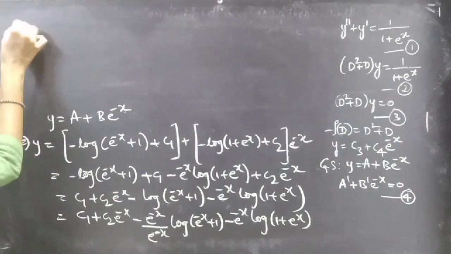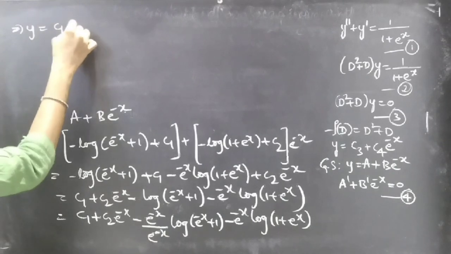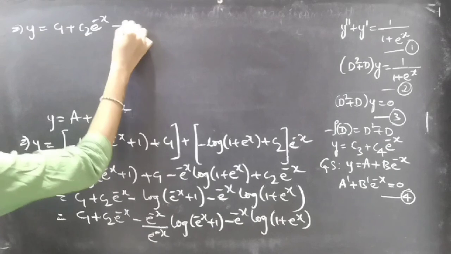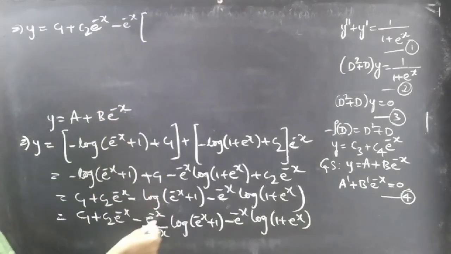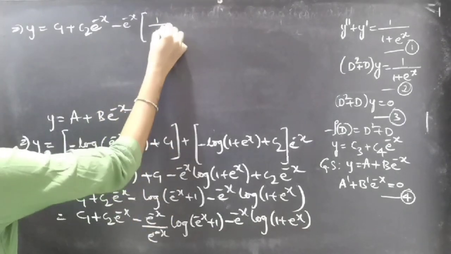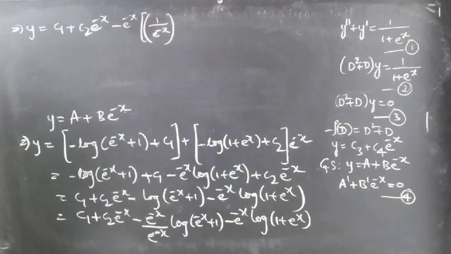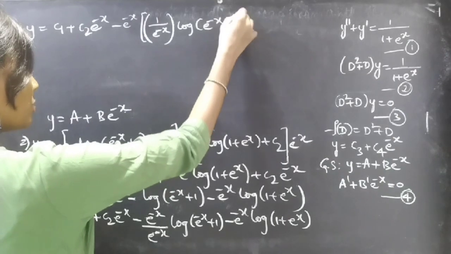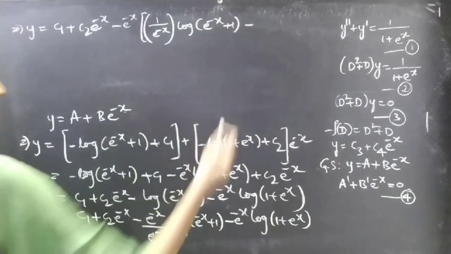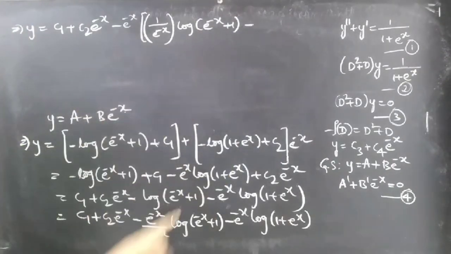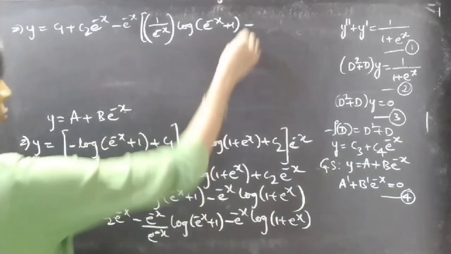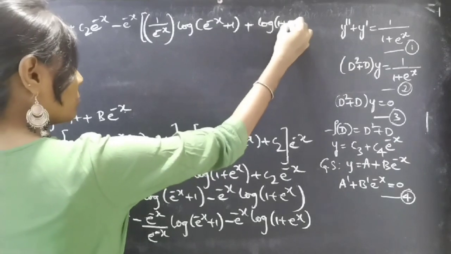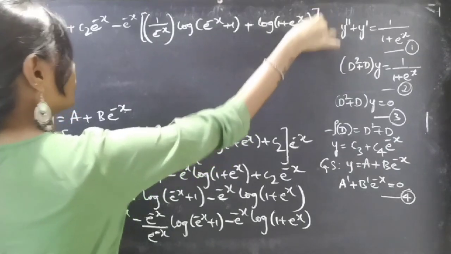This gives us y equals c1 plus c2 e power minus x minus e power minus x of 1 by e power minus x into log of e power minus x plus 1. We have taken minus e power minus x common from these two terms, right? So we'll get plus log of 1 plus e power x, right?